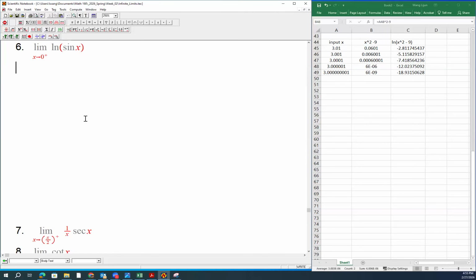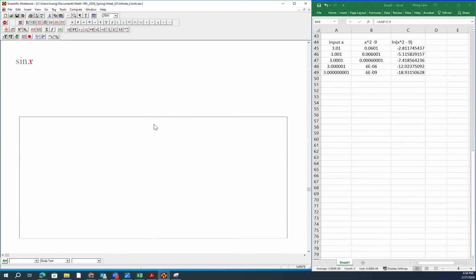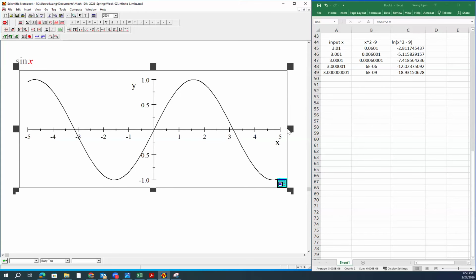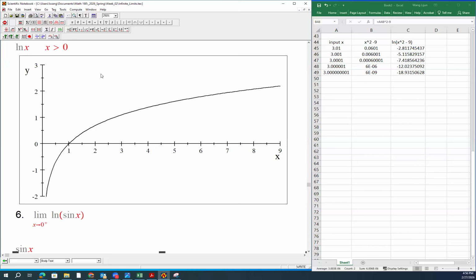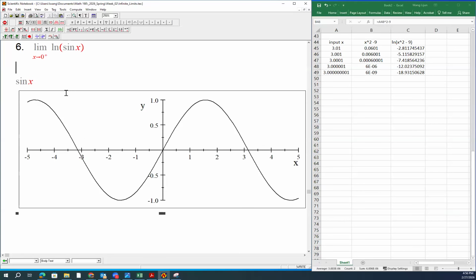This process requires us to know a little bit about sine x. If you know sine x from its graph, its curve, from this picture we can see x approaching 0 from larger than 0 on the sine curve. What does that mean?